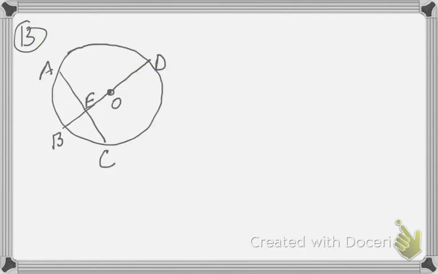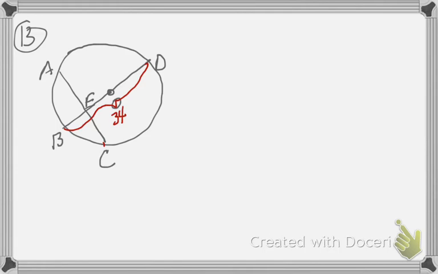Okay, 13, this is probably the hardest of the whole test. So for this one, DB is 34. That's this entire piece over here, that's 34. AC is 30. But there is a rule that says that when a diameter intercepts a chord, it bisects the chord.